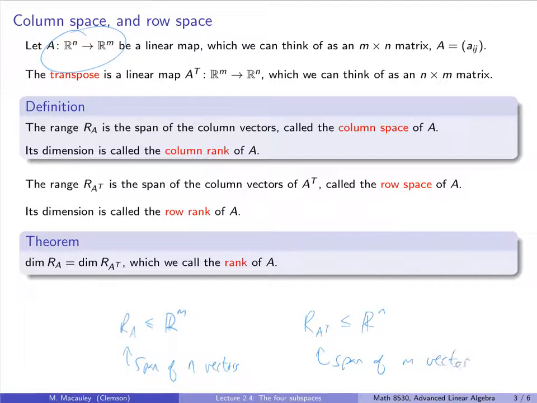So it seems to be a minor miracle that we have a different number of vectors living in a different dimension of space, but they always end up with the same dimension.